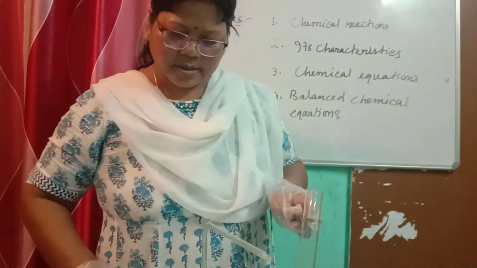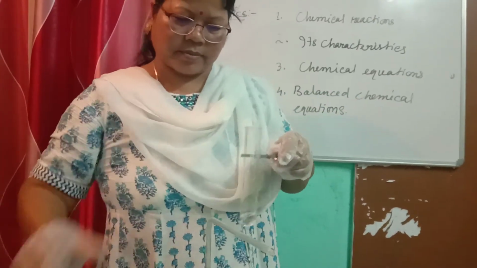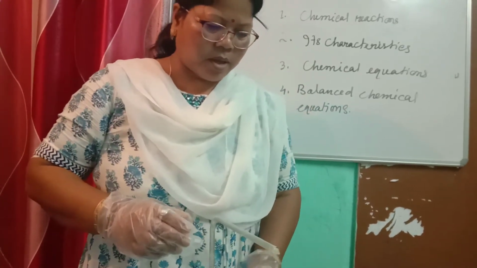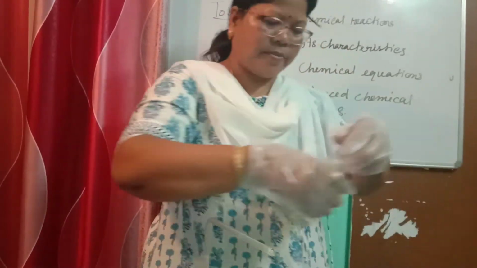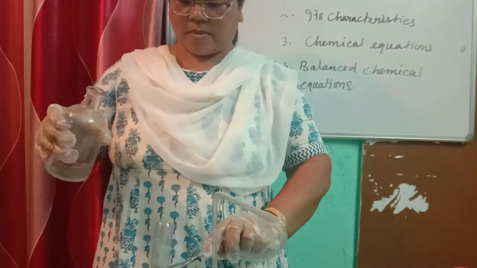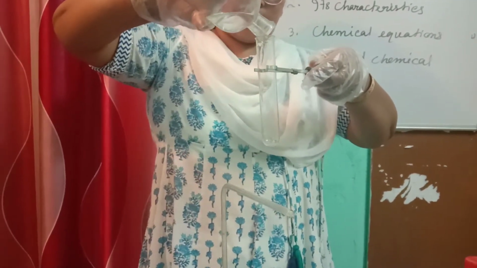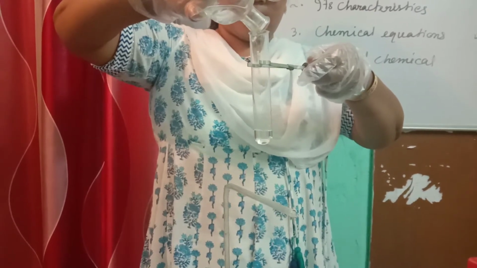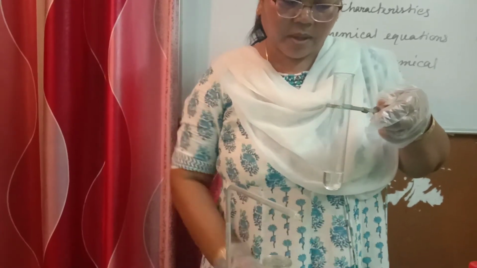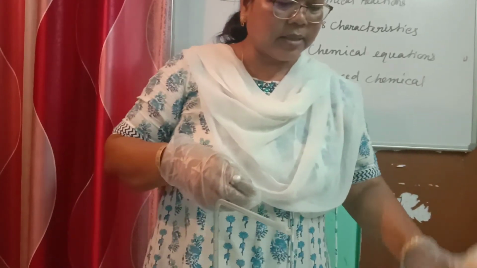Add water for cleaning. Then add the sulfuric acid to it. This is dilute sulfuric acid. Then we have to add zinc granules.